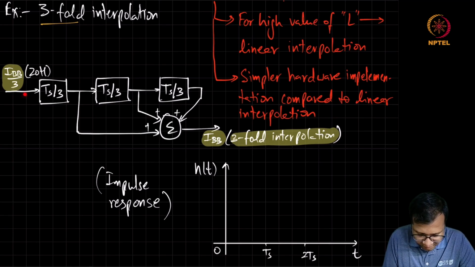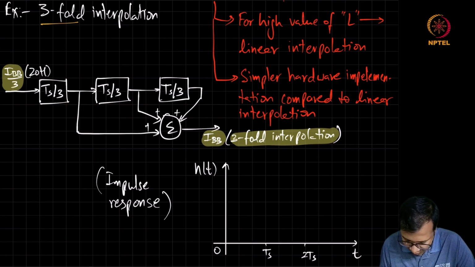So here we can see that for the impulse, this held output is first going to be delayed by TS/3 and will appear at the output.